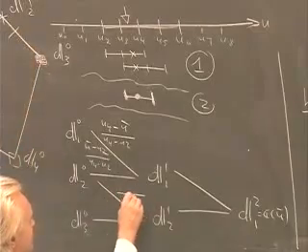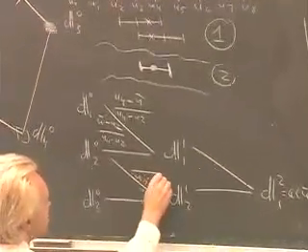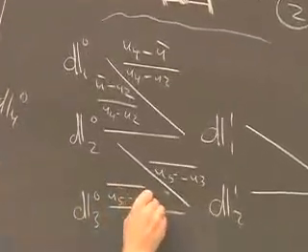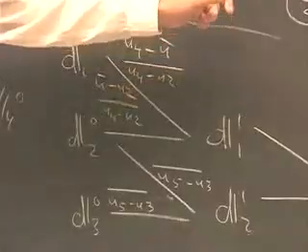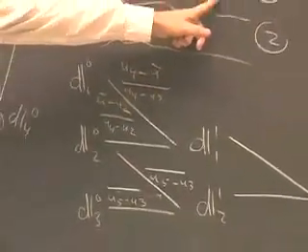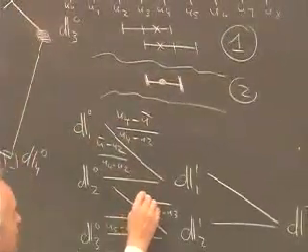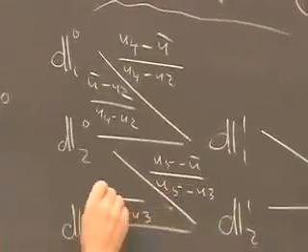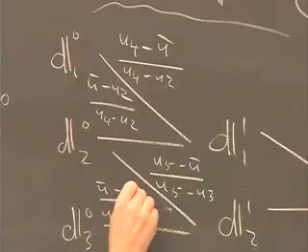So this one here is divided by u5 minus u3. And left point gets multiplied by the right length, u5 minus u bar. And this one then has to be u bar minus u3.